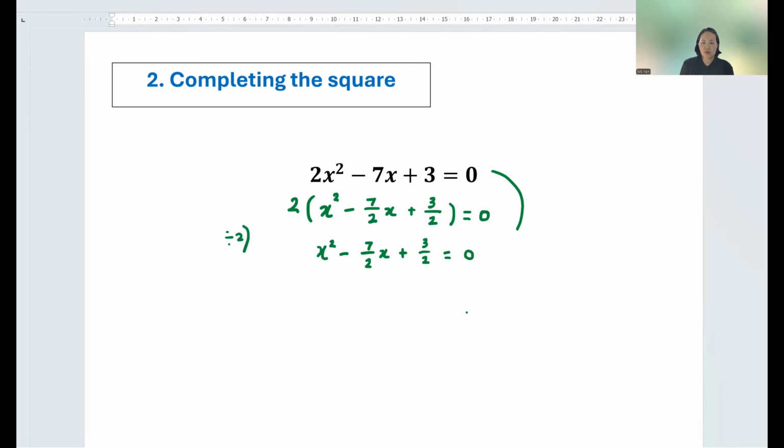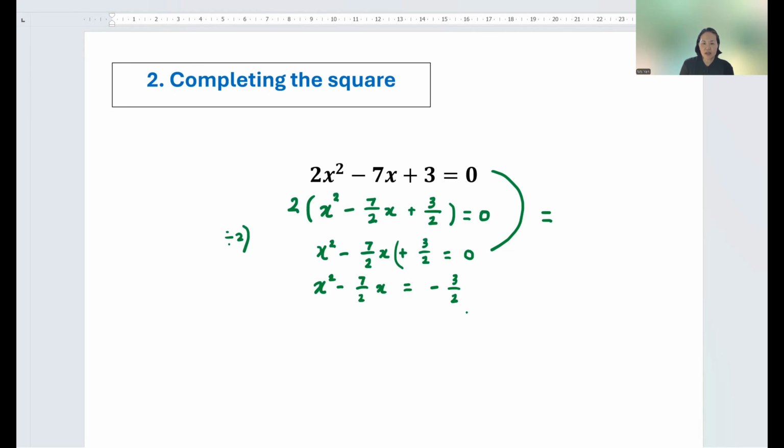These two look different, but they are the same equation. Now I can do completing the square because I have a monic quadratic equation, since the coefficient of x squared is 1. The next step is x squared minus 7 over 2x equals minus 3 over 2.